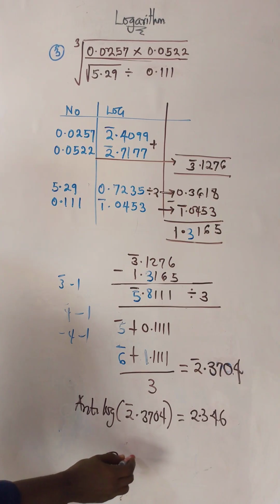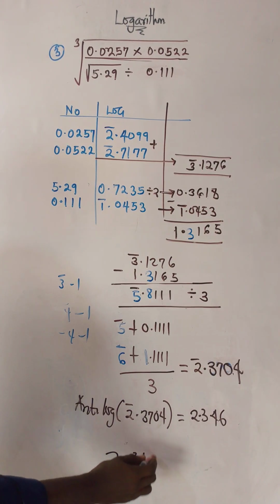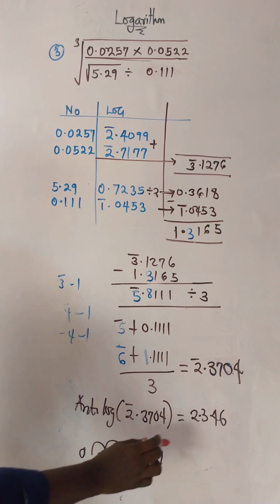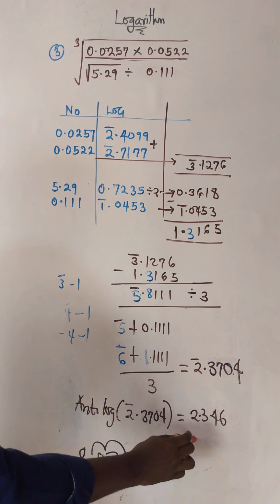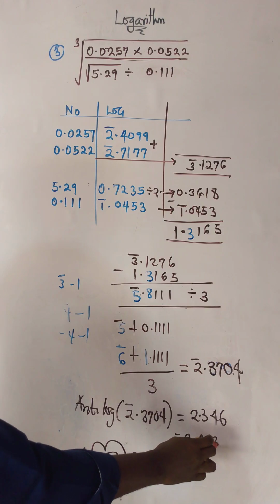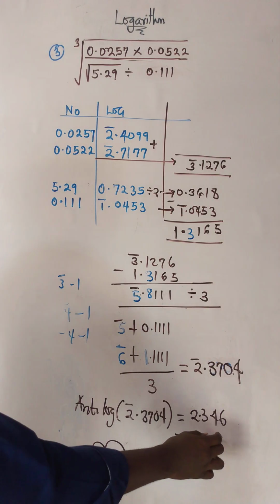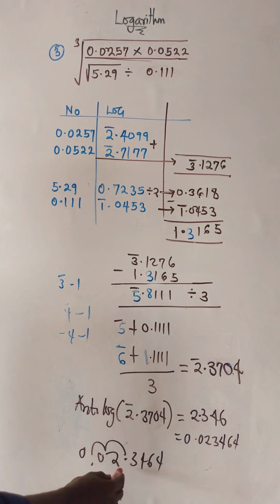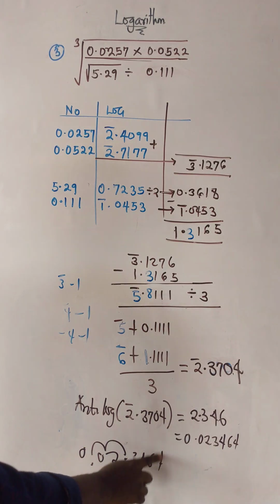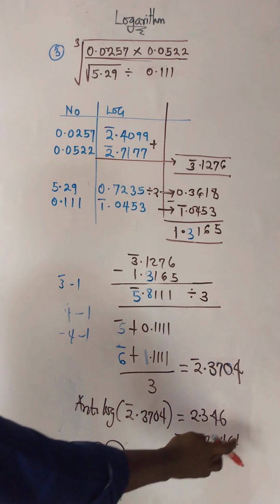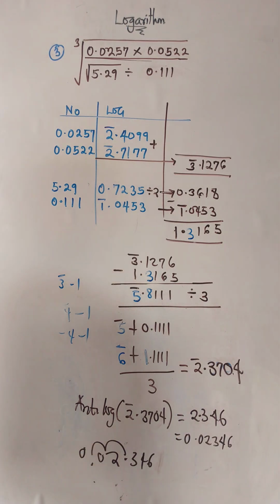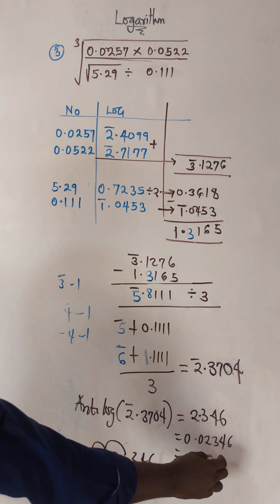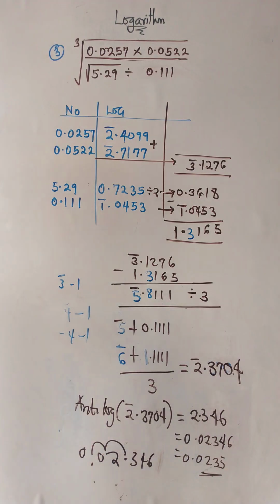So we have 0.023464. Is that correct? Okay, this 4 is not there. So that will be approximately 0.0235 as our final answer.